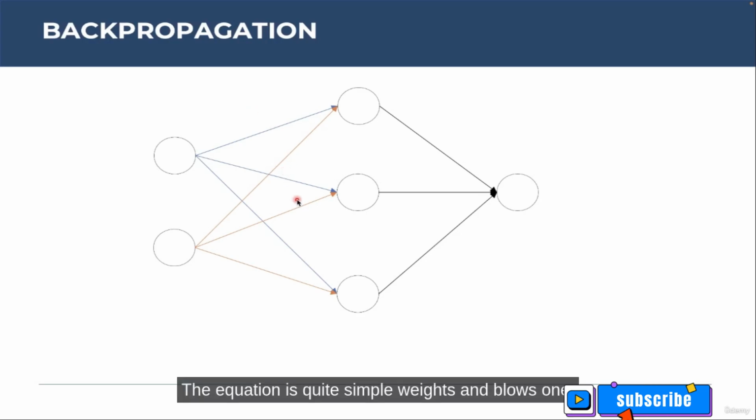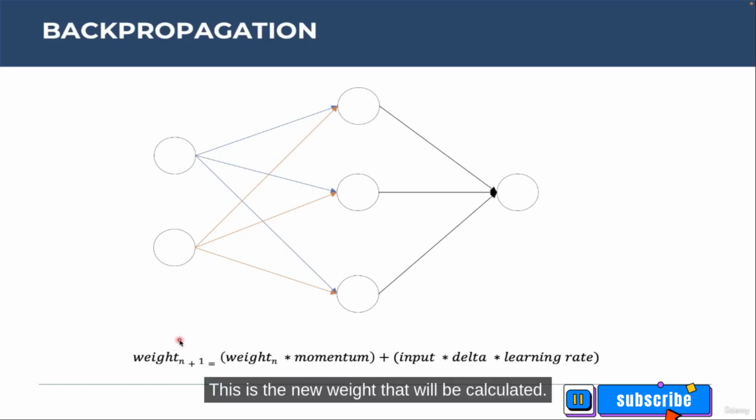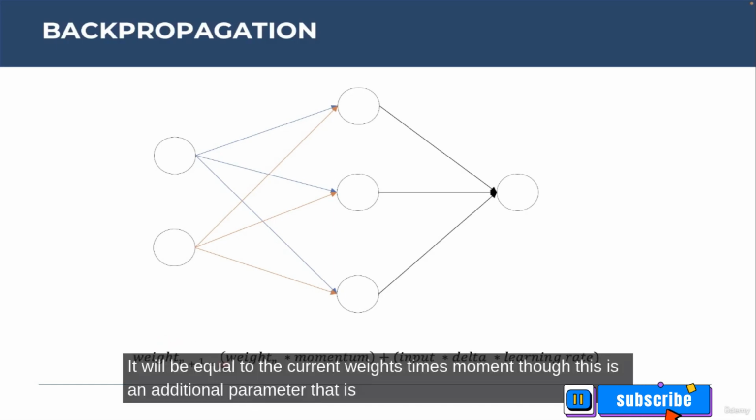The equation is quite simple. Weight n plus 1, this is the new weight that will be calculated, will be equal to the current weight times momentum.